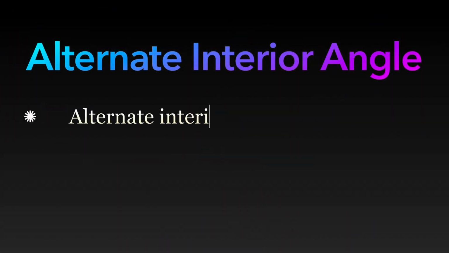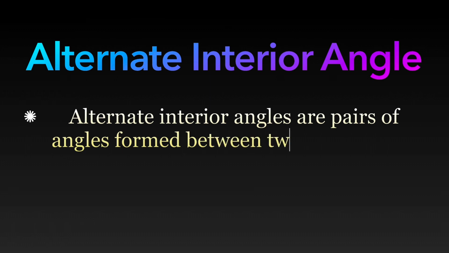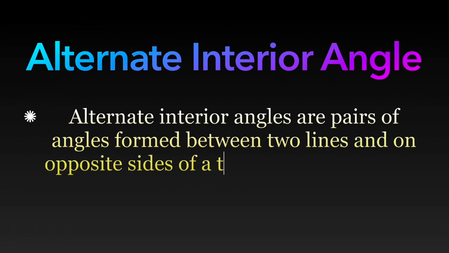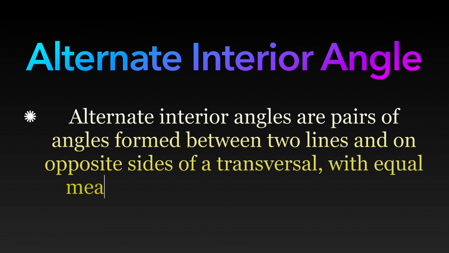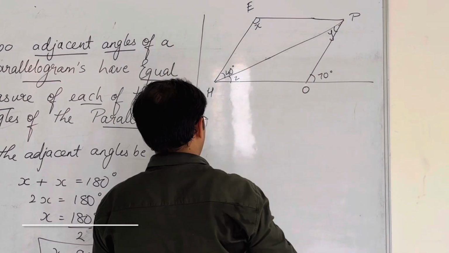Where a Z is formed, the angles formed on either side of the line inside that Z are known as alternate interior angles.